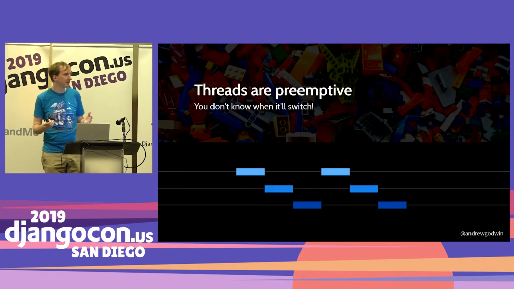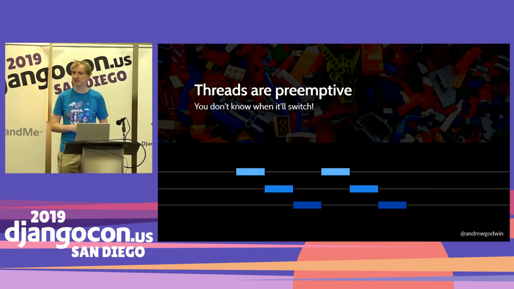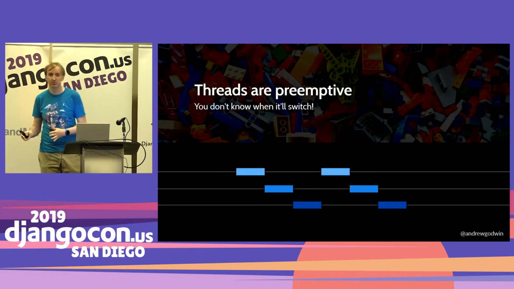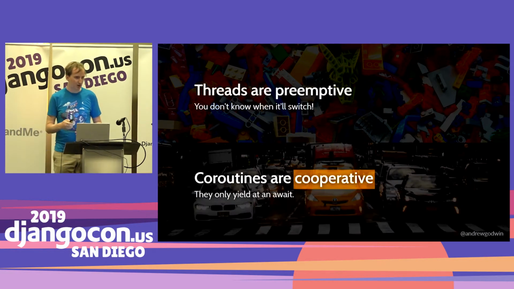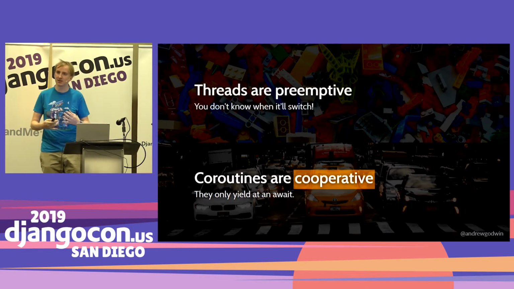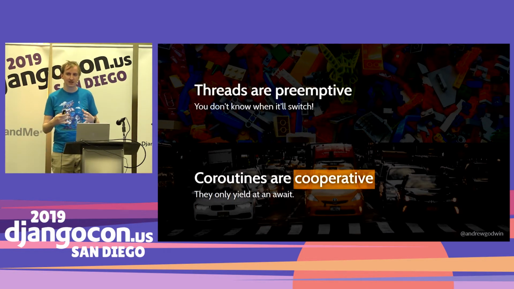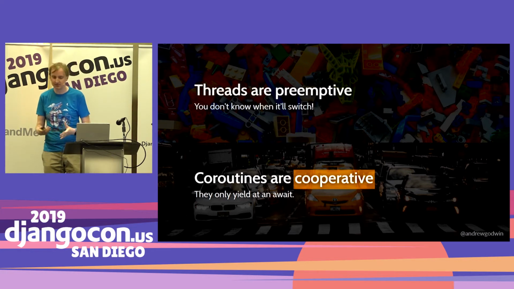When you have threads, it just takes each of the threads you have and runs them in equal time slices, no matter if they've got work to do or not. Even if a thread is idling, it will still be context switched to, go, oh, it's idling, and context switched away from again. By comparison, coroutines are cooperative. They only yield and give back control to the event loop when they hit an await.